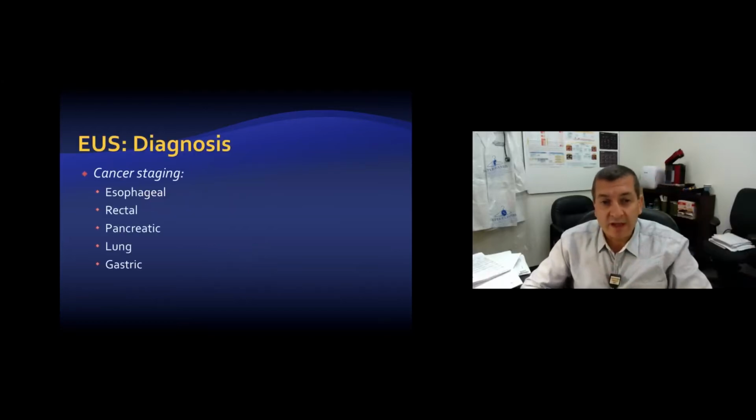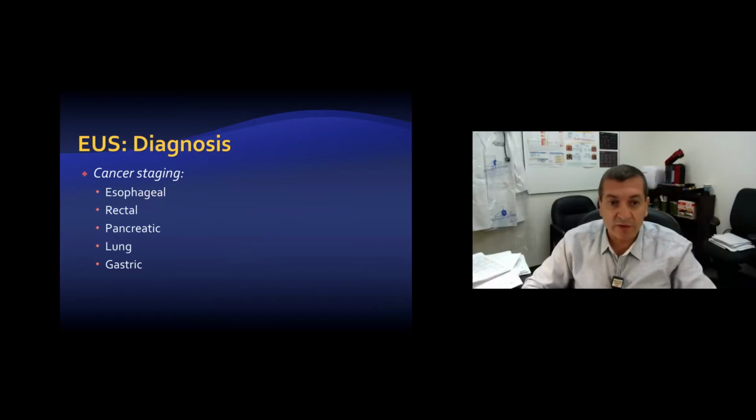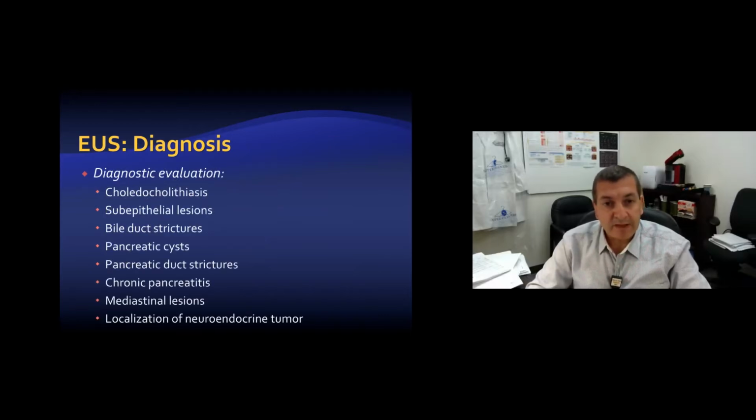So for the diagnostic, it is again essential for esophageal and rectal, a little bit less for pancreatic. Also, it's important in the lung and gastric. It is less and less important in the staging of the cancer. And then also we can use this tool to check for choledocholithiasis, especially when stones are located in the distal common bile duct.